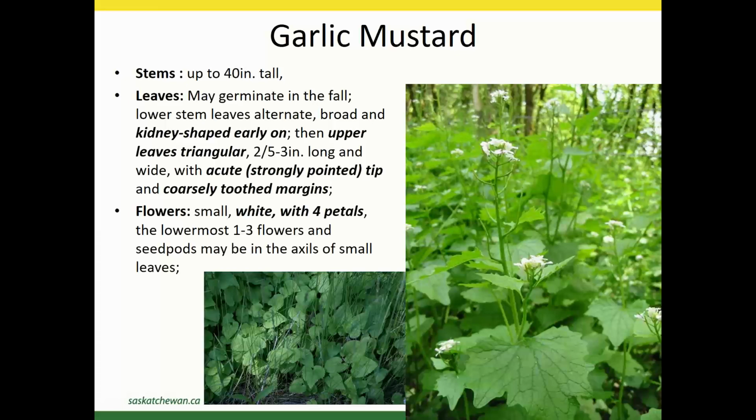The flowers are white, and as with other mustards, they have 4 petals. They're generally found in the axils of the leaves, and as with other mustards, they tend to continue to grow that stem indeterminately into the rest of the year.